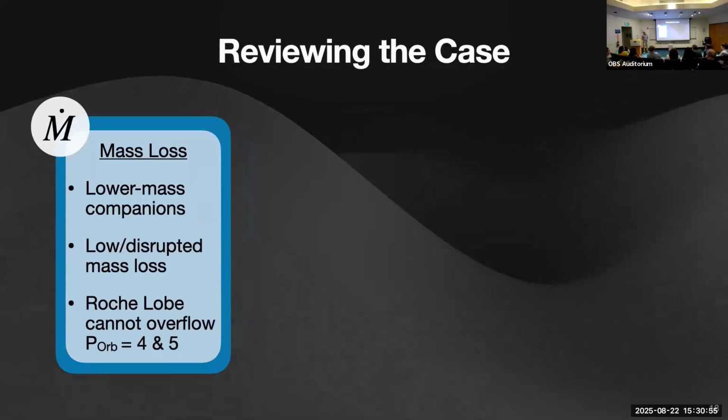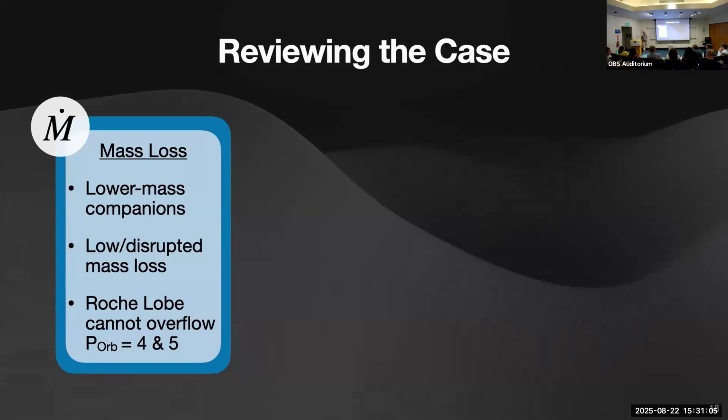I just want to emphasize that mass transfer is the driver of the creation of circumstellar material around these systems. When we have a low mass companion, the Roche lobe overflow is at a low orbital period.